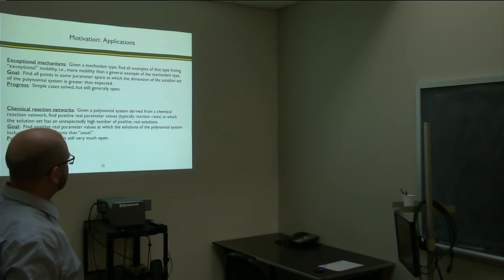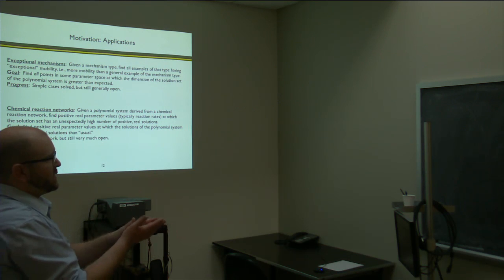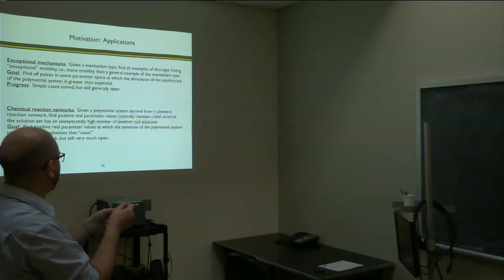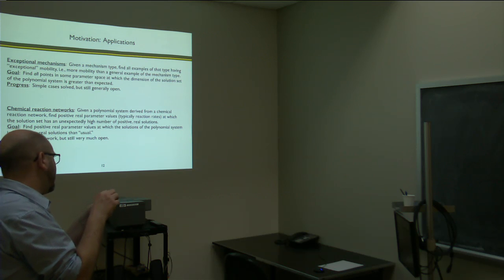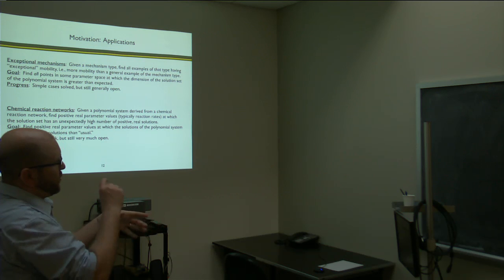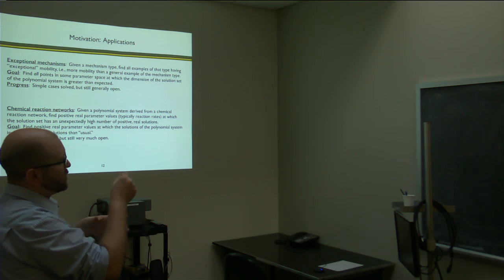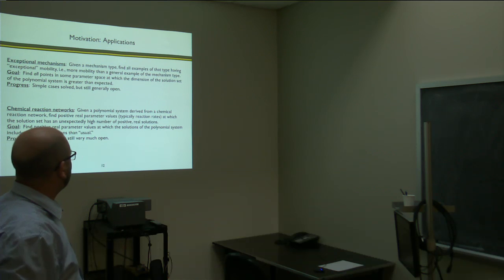And the solutions in this case, for this kind of polynomial system, correspond in the application to, not stability, sorry, but stationary points. You want to find regions of parameter space where there are multiple points where the reaction is stopped, right?